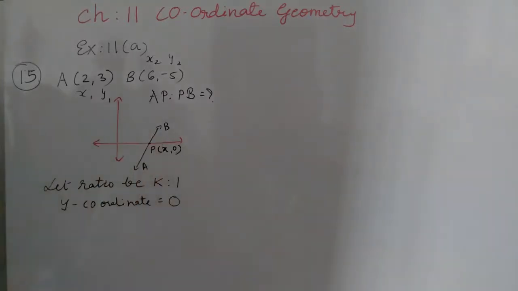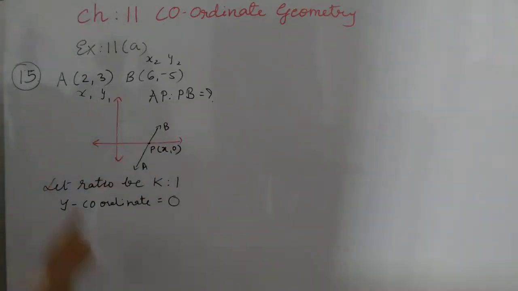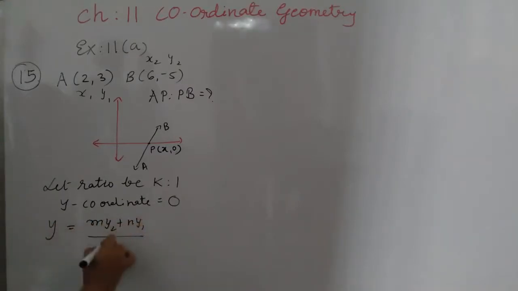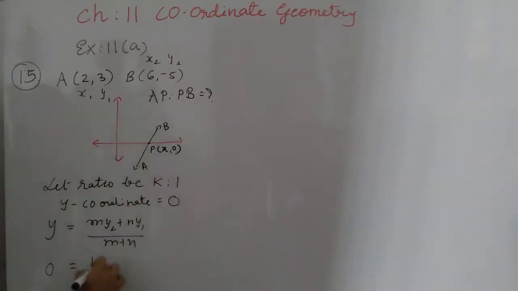Also they asked to get the ratio AP ratio PB. So for that let the ratio be k ratio 1. Now we already know that the y coordinate is 0. So I write the y formula, that is m y2 plus n y1 upon m plus n. Now substitute the y value: 0 is equal to m means k, y2 minus 5, plus n means 1, and y1 is 3, upon k plus 1.